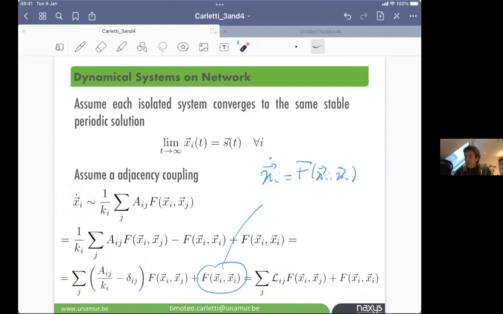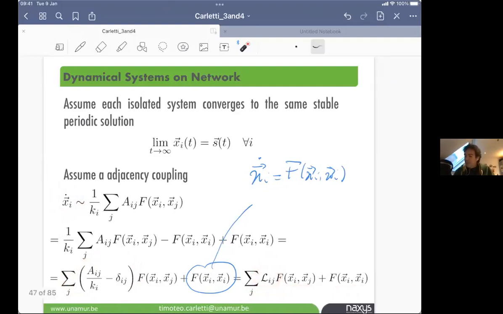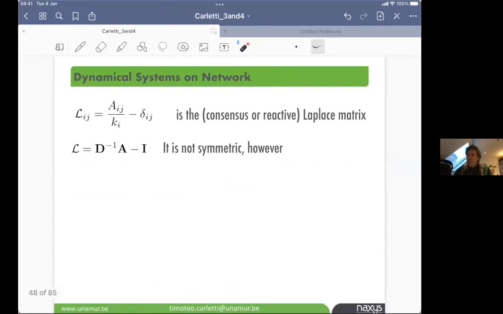So now have a look at this matrix Lij. This matrix is Aij divided by the degree minus delta. So it reminds you a little of the random walk Laplace matrix that I write here. For the random walk, the Laplace matrix Lij is equal to Aij divided by Kj minus delta ij.